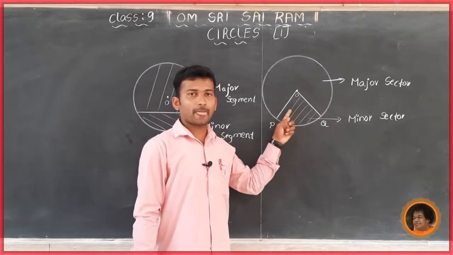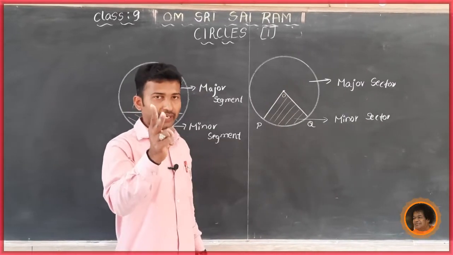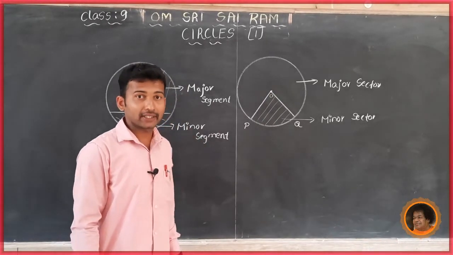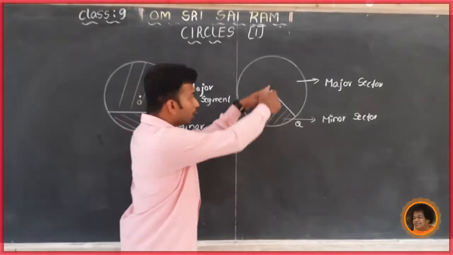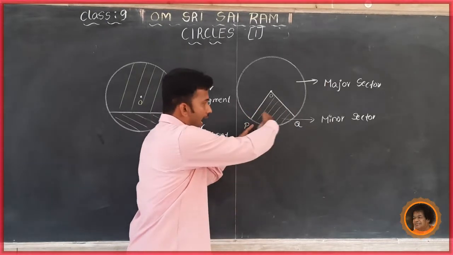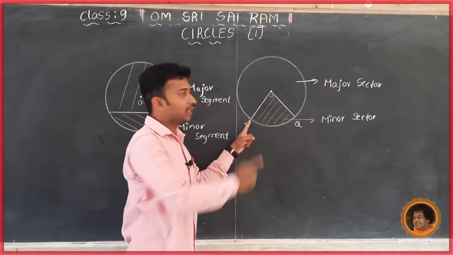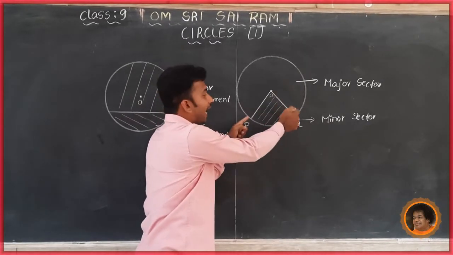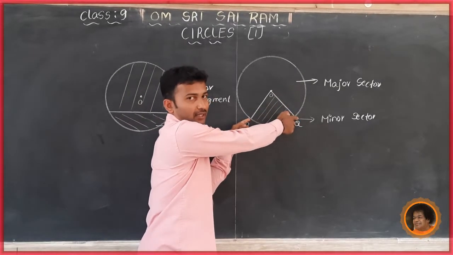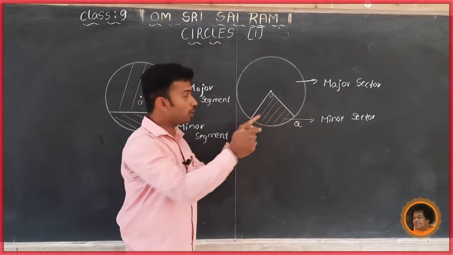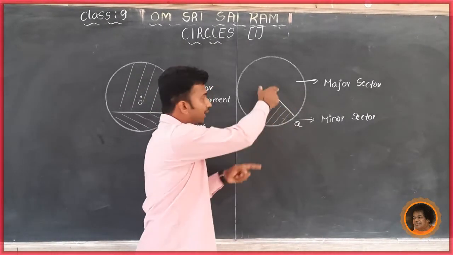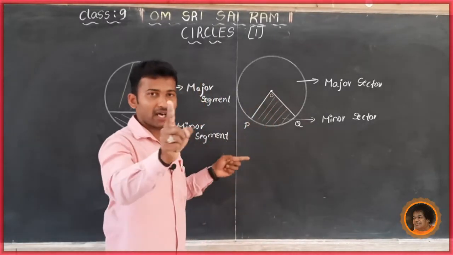In this figure, OP and OQ are the two radii, and the region bounded by two radii and an arc is called a sector. Here also, two radii meet at the center and the end points of the arc.